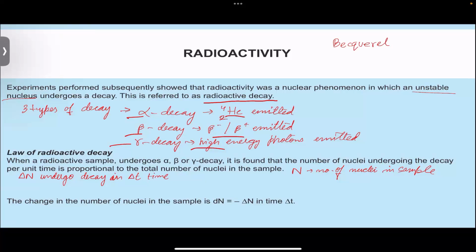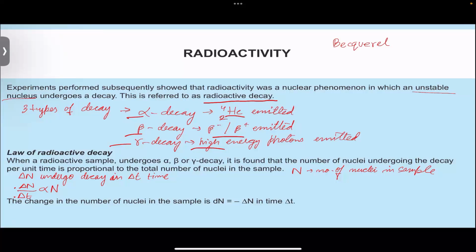This will be given as ΔN by Δt, and it is proportional to N. The number of nuclei decaying in the time interval Δt is proportional to the total number of nuclei in the sample.